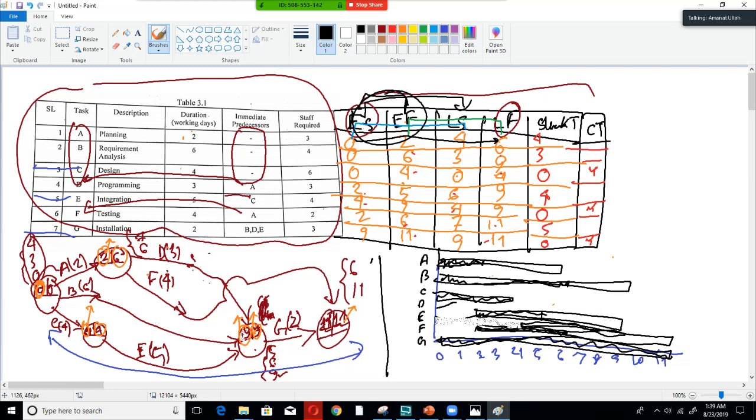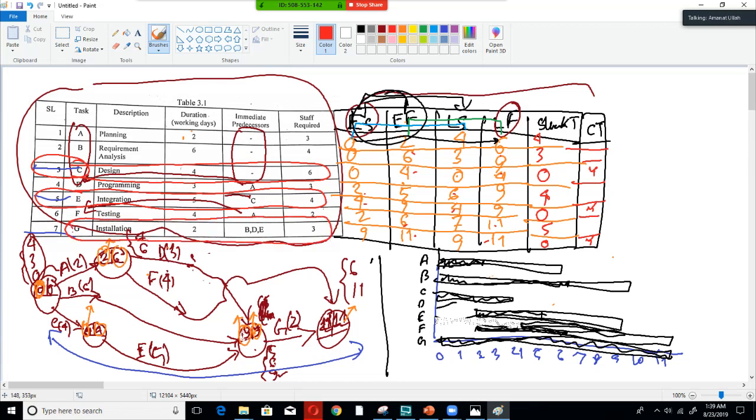For the staff utilization part, we first have to see the critical path. So E, C and G, these are the three critical tasks, right?